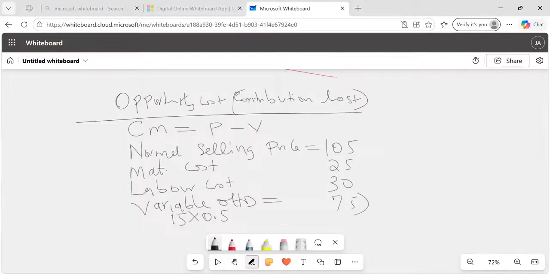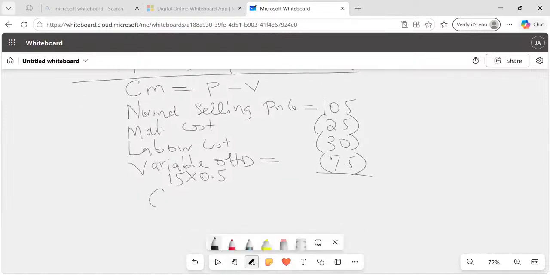I'm 100% sure that there must be somebody who got easy marks here by computing the contribution margin, which in this case is 42.5 per bangle.